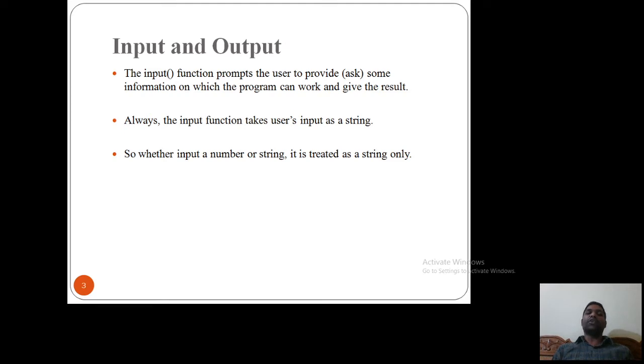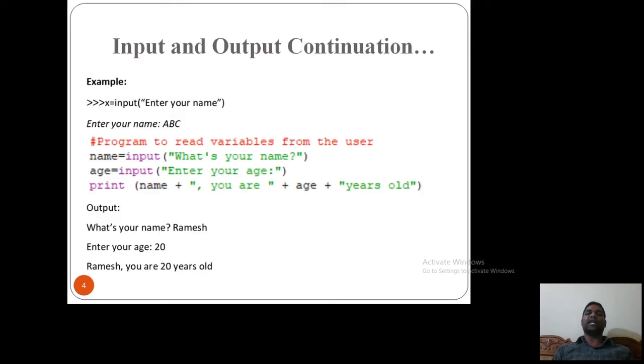But if you require the integer as an input or float as an input, then you need to add a prefix as int or float based on your choice. We'll see how we can read different data types of inputs using Python in our practical session. So now we'll see some basic example of reading an input.